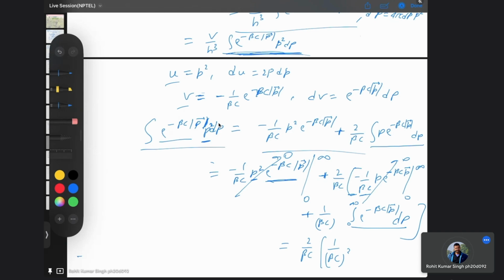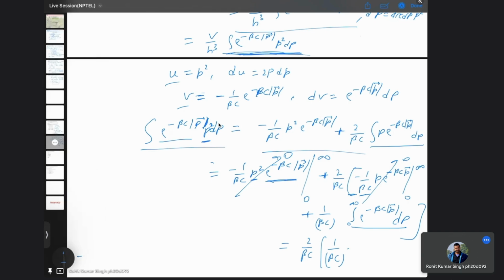Okay, so now you have beta c square, and you have minus beta c p going from 0 to infinity. Now at infinity this quantity is 0, but at 0 this is 1. So finally you have 2 over beta c cube, right, and 1 minus 0, so this is negative.